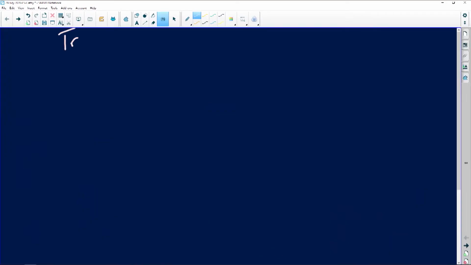Then I want you to look at what a tropism is. So what is a tropism? The easiest thing to tell you is that the word tropism means to turn. It literally means to turn. So what is turning? The plant is turning.